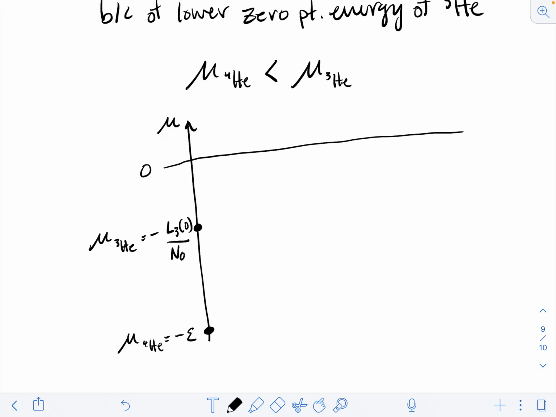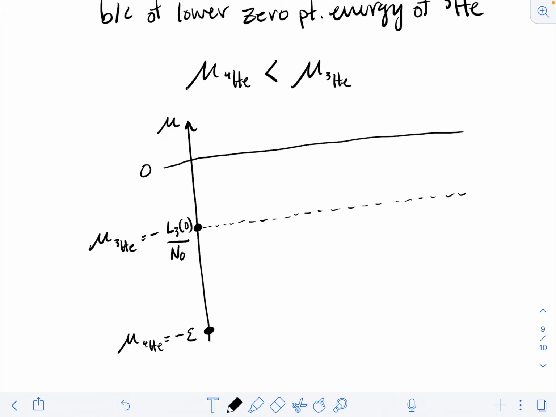And then what we're going to imagine doing is, what if we keep adding helium-3 atoms one at a time? So if we start with liquid helium-3 and then we keep adding helium-3 atoms, then we just keep making more and more liquid helium-3. And so the latent heat doesn't change because we change the volume of liquid helium-3. And so this is just going to stay constant.